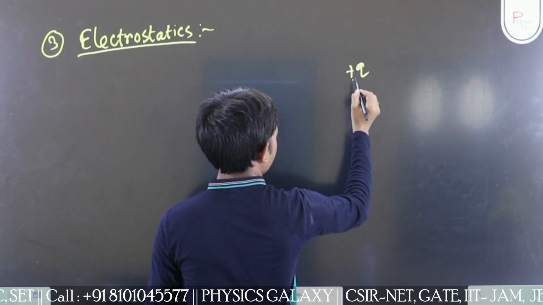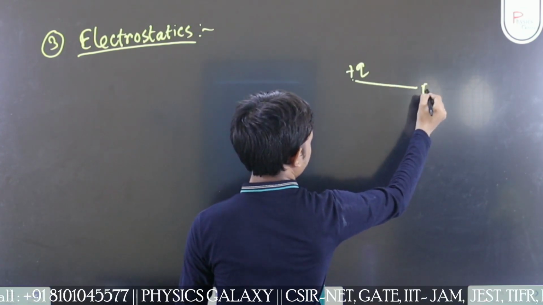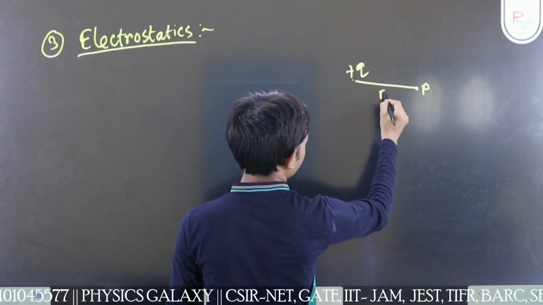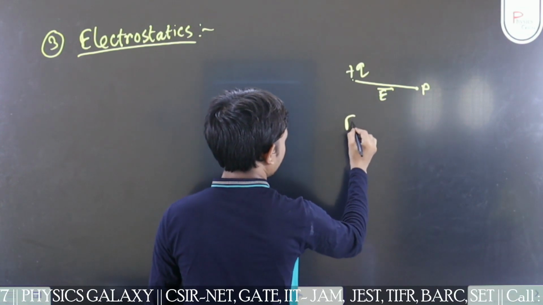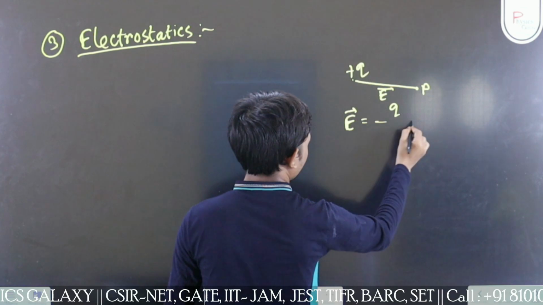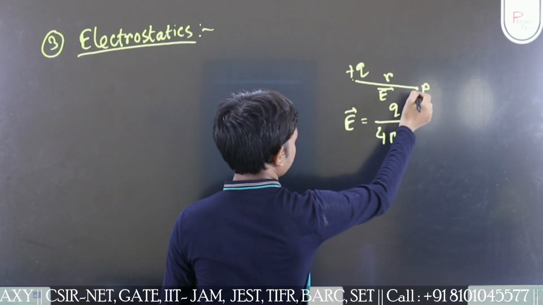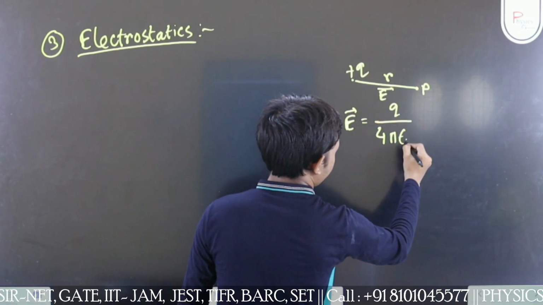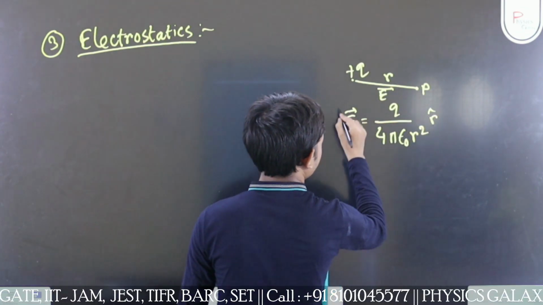For a point charge, the electric field at point P is E, and the direction is E bar. E vector is equal to 1 over 4 pi epsilon naught, times q over r square, where r is the distance between the point and the point charge, and the direction of the electric field.